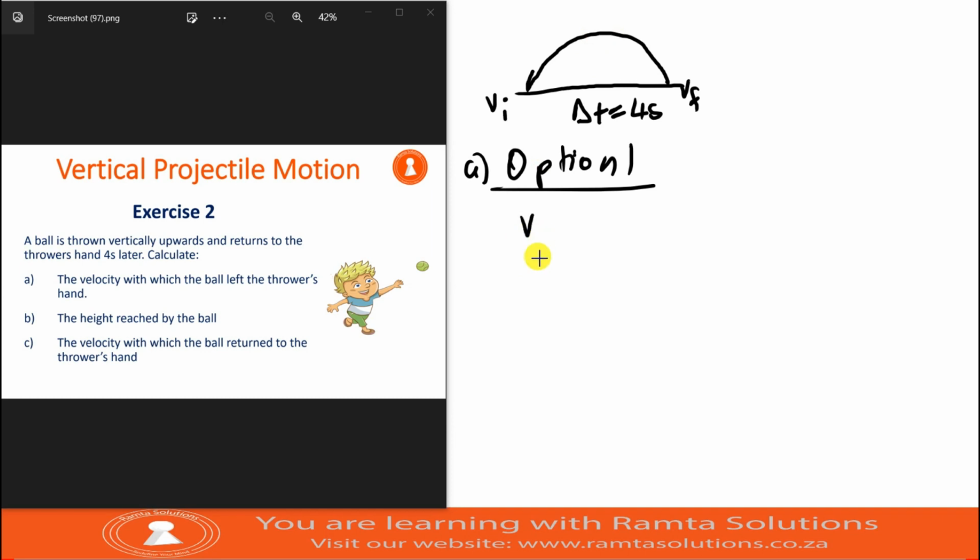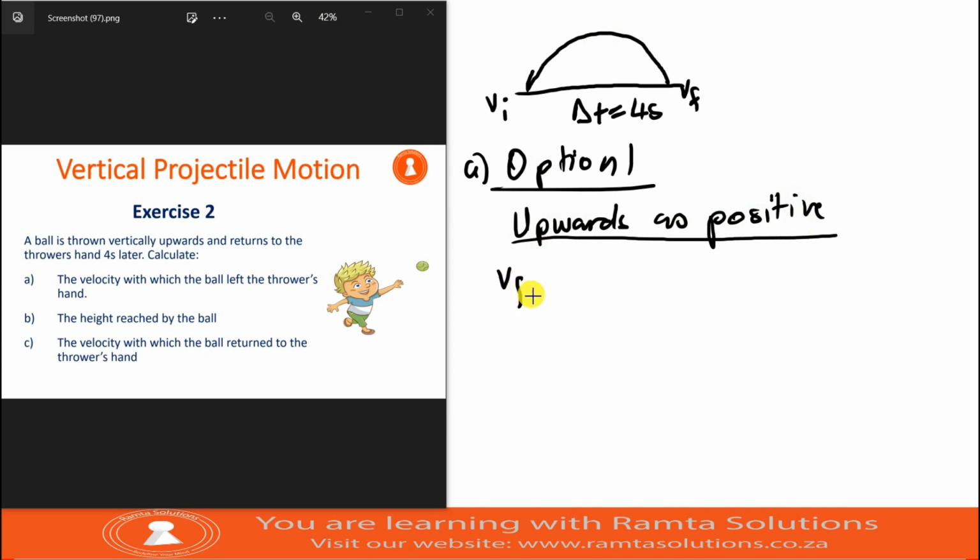Let's say upwards is positive. Remember, even if you take downwards as positive, as long as you are consistent with your signs, you will still get the same answers. So final velocity equals initial velocity plus a delta t.